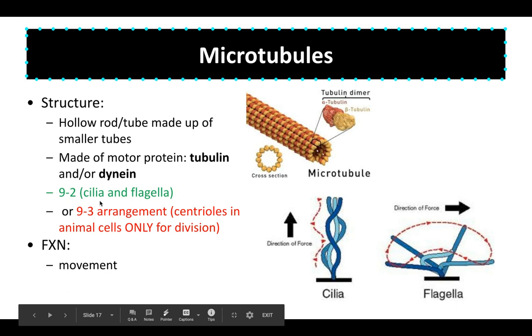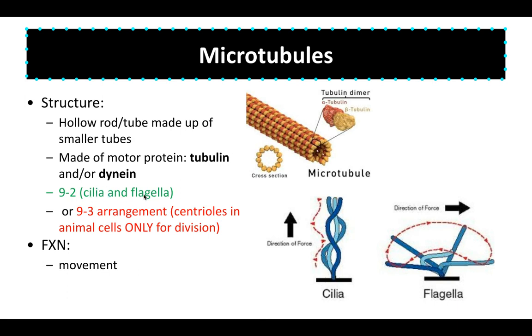So if we are trying to create cilia or flagella, the microtubules, the actual components of the microtubules, the tubulin, the dynein, they are arranged in what is called a 9+2 pattern, which means there are 2 of these tubulin proteins stacked on top of each other.